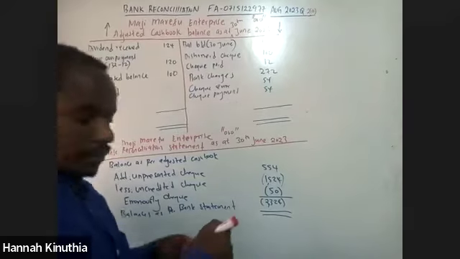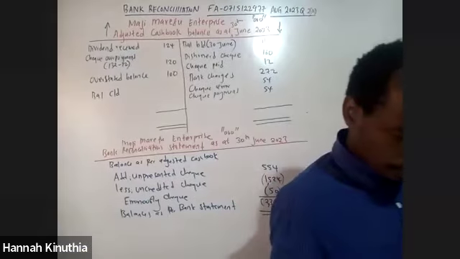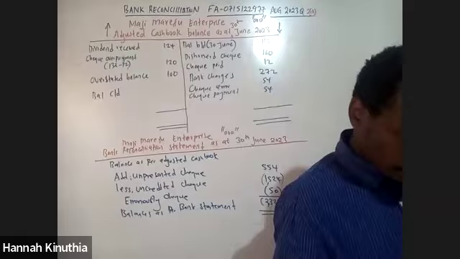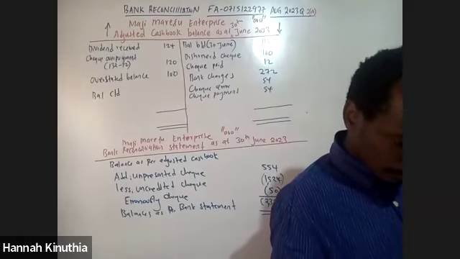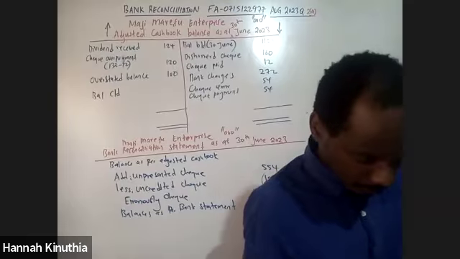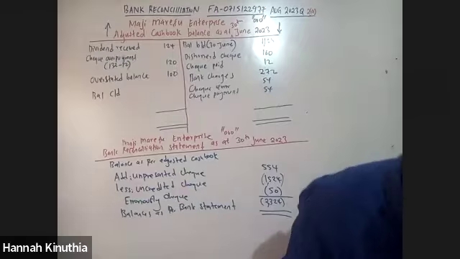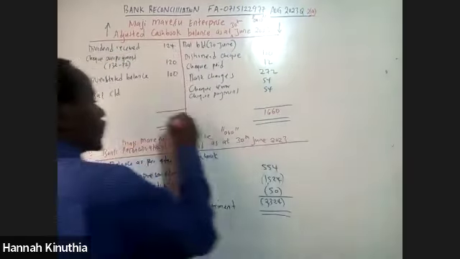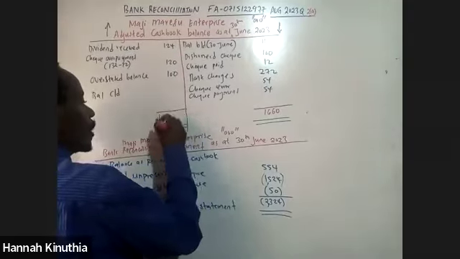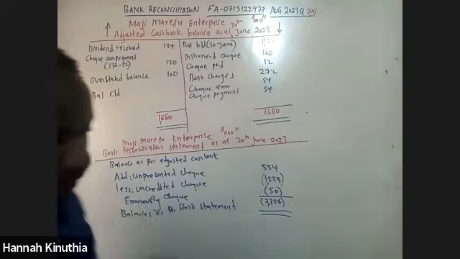How much? Ngapi 16? 60. 1660. Aya. 1660 minus 100 minus 120 minus 124. Unapata ngapi?